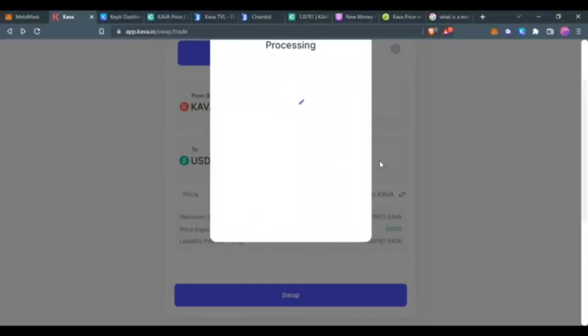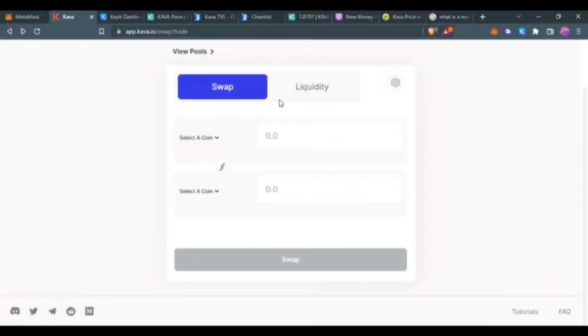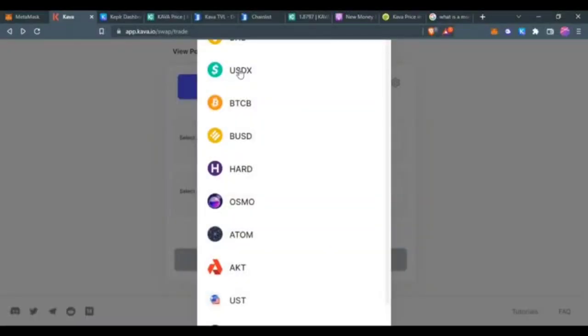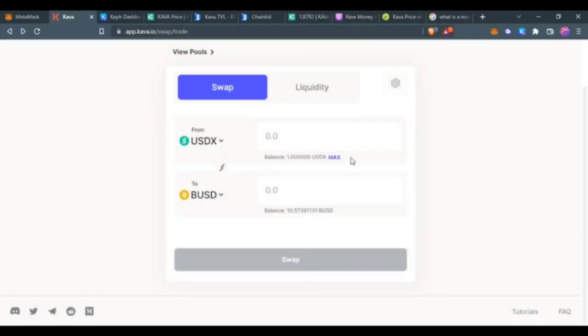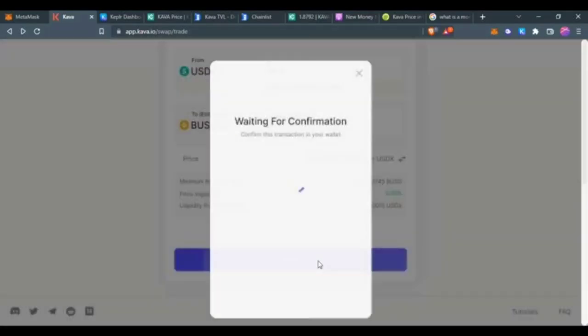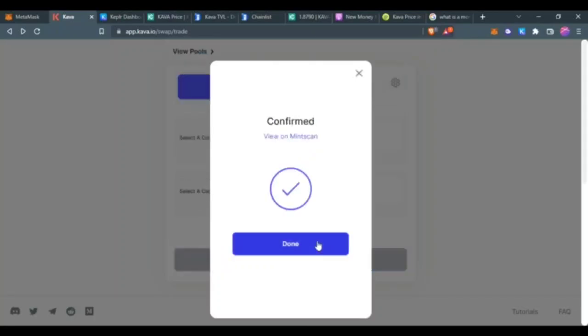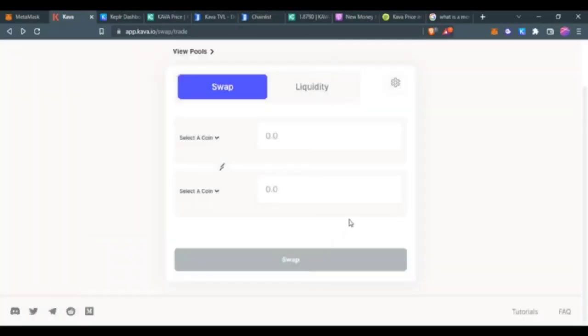And then we'll take that dollar in USDX and swap it to, what would that be? Maybe 95 cents, 96 cents in BUSD. Let's see. 96 cents. We'll approve that. Get that done with.